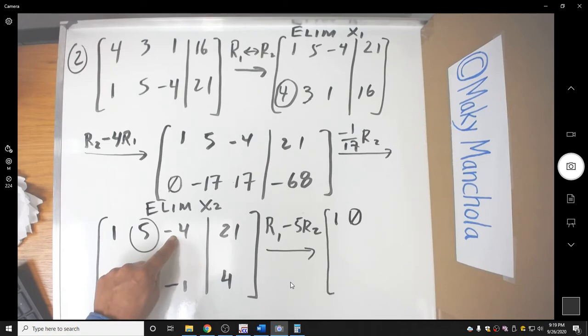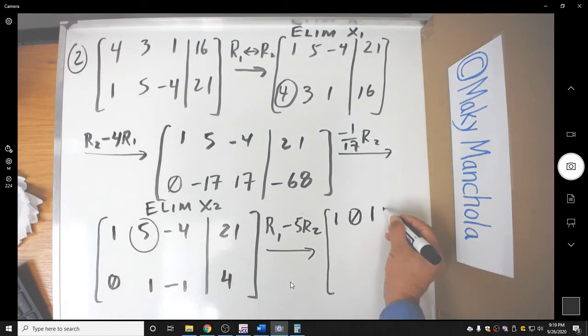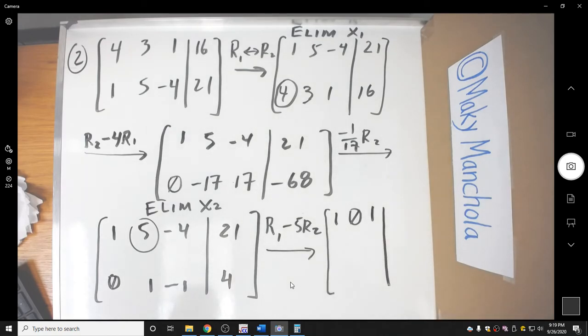Negative 4 plus 5 is 1. 21 minus 20 is just 1. Then you still have 0, 1, negative 1, 4. Okay, there is no more elimination possible here.